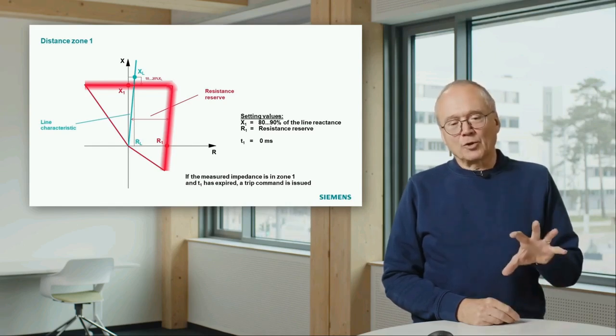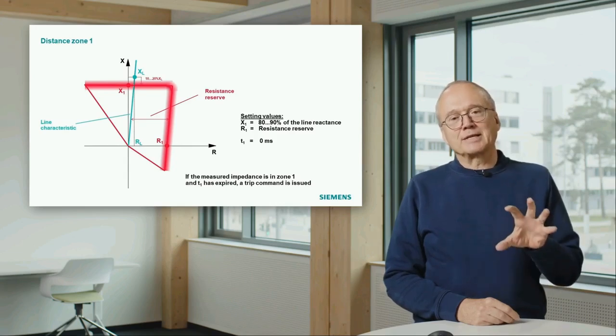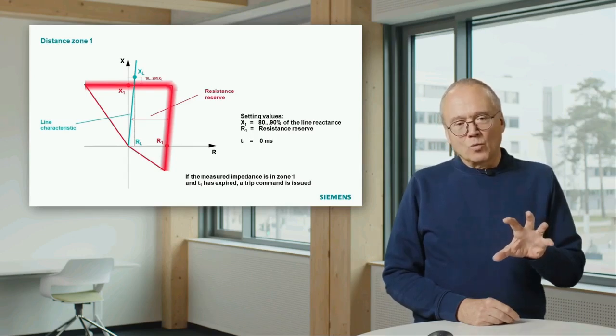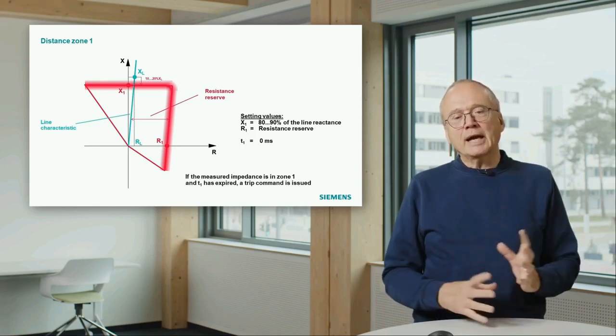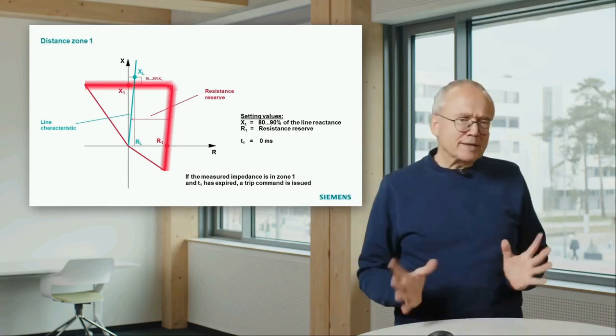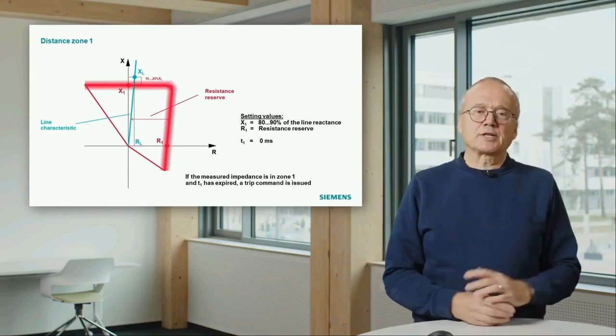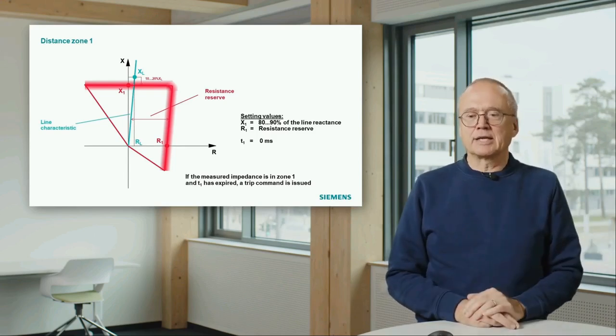So based on the possibilities in electromechanical devices, we had circular characteristics, and in many countries they are still in use. I think they have a little bit the disadvantage that you cannot set reactance and resistance independently.